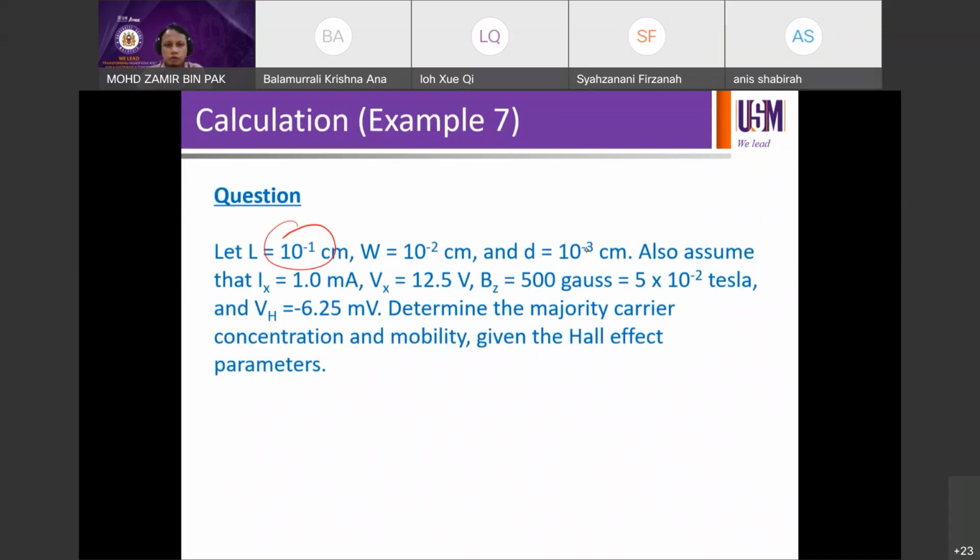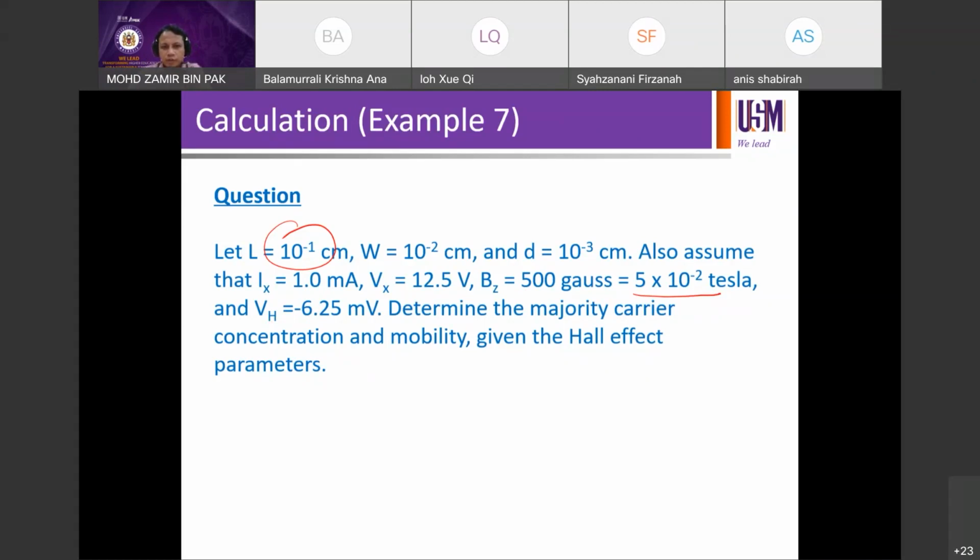So you can also convert this into meters if you like, but you have to convert accordingly, right? So assume that your current is 1 milliamp, the voltage is 12.5 volt, and the field is 500 Gauss, or equals to 5 times 10 to the power of minus 2 Tesla, and the Hall voltage is negative 6.25 millivolt, for example.